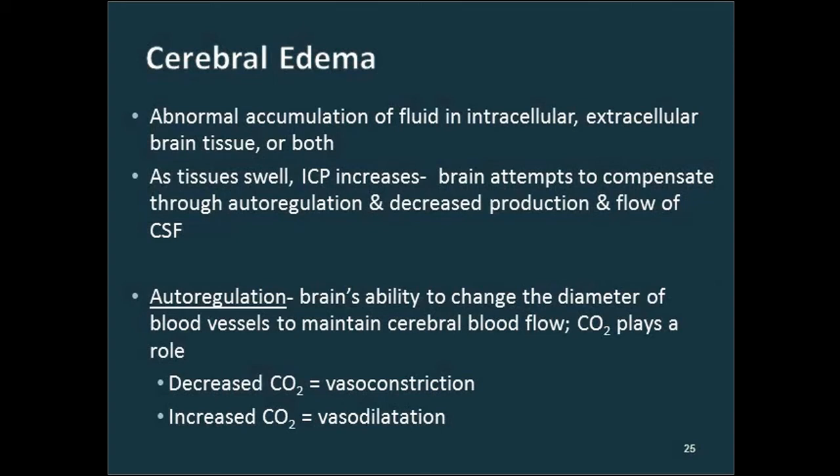So if blood flow is reduced, then the natural response of the body is to dilate, to vasodilate, and increase blood flow to the brain. Okay? Because remember, the brain likes to have oxygen. And it's a fine balance, like I said.